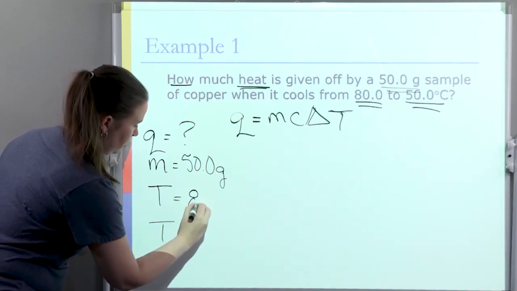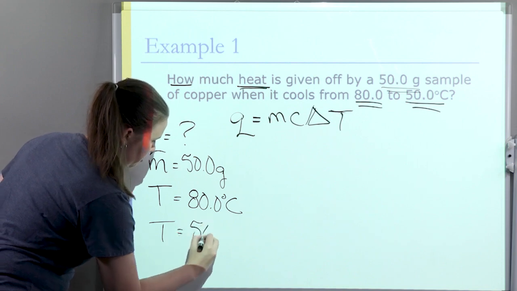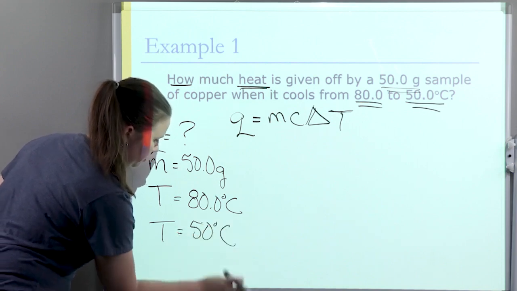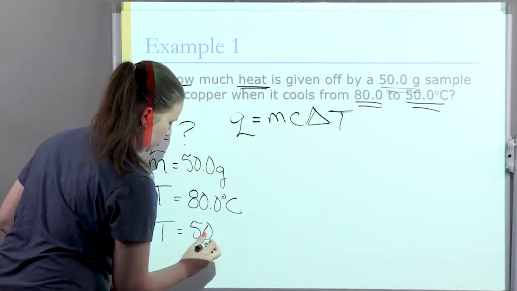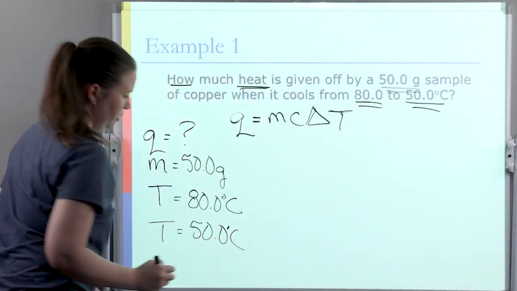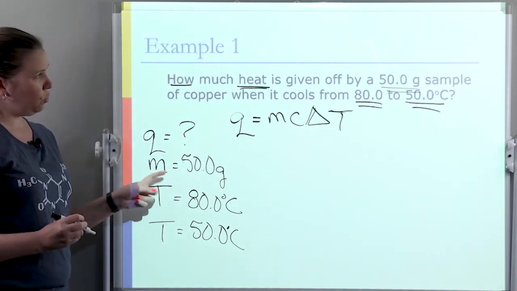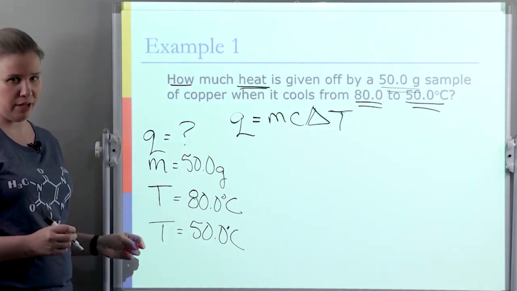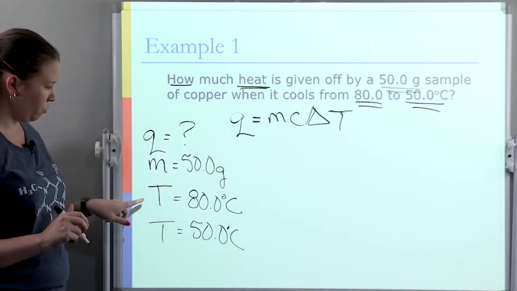One is 80 degrees Celsius and one is 50.0 degrees Celsius, so I don't mess up my sig figs. And so what is the difference here? Which one's the initial and which one's the final? Because we want to make sure we put them in the right order when we solve for delta T.